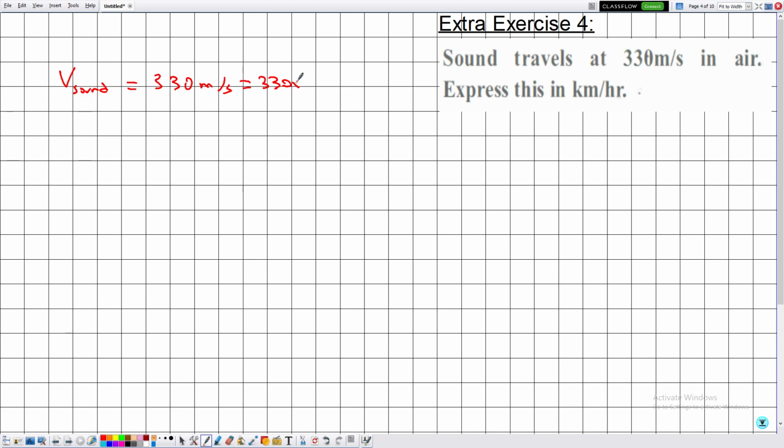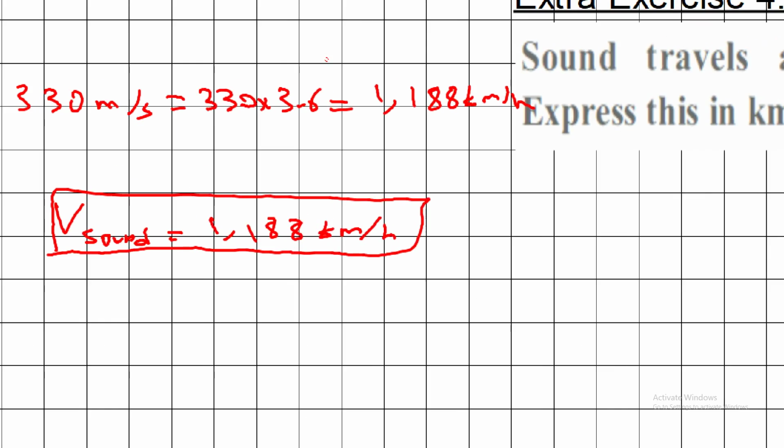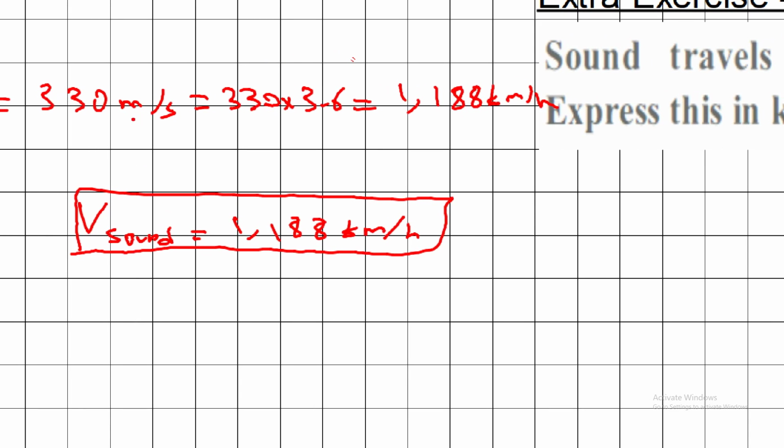Then 330 multiplied by 3.6, plugging this in the calculator, the speed of sound in air is 1188 kilometers per hour. As you can see, whenever we are converting the speed from meters per second to kilometers per hour, we expect that the value will get larger.